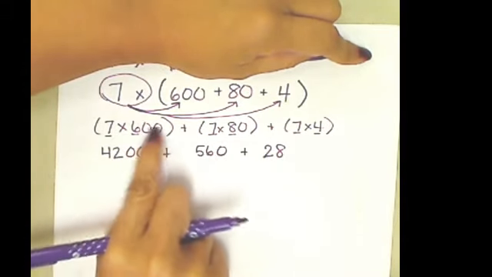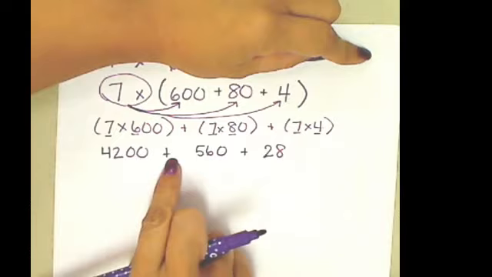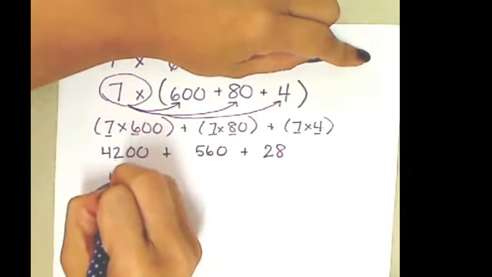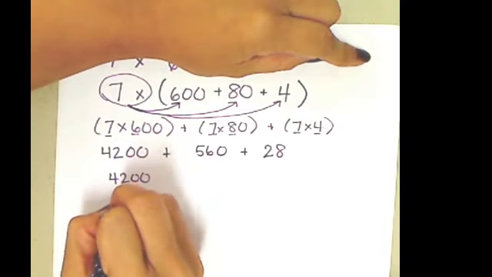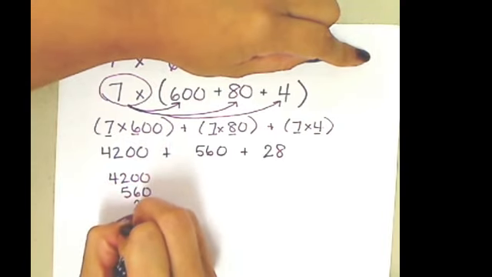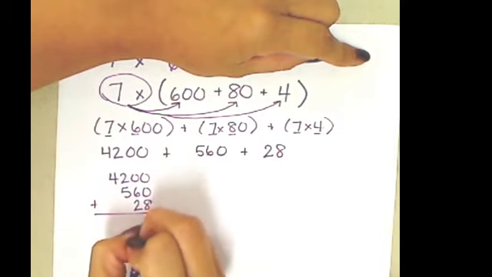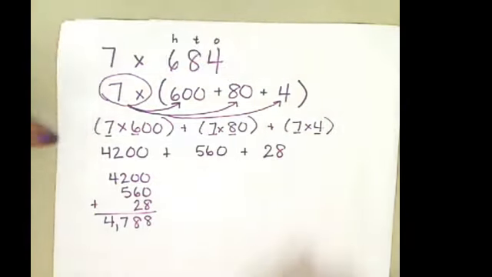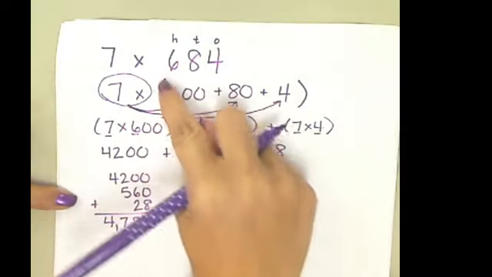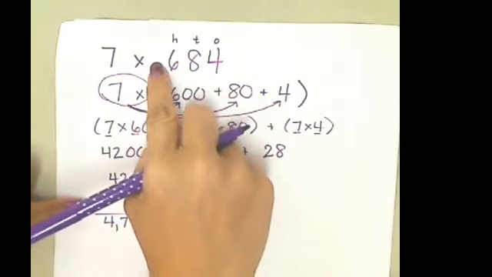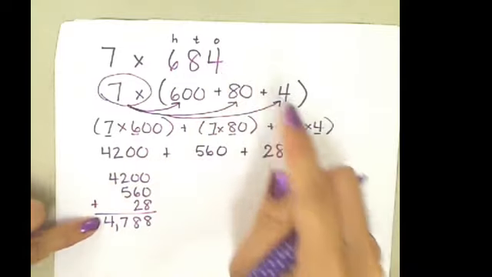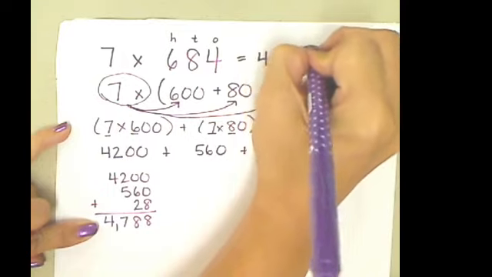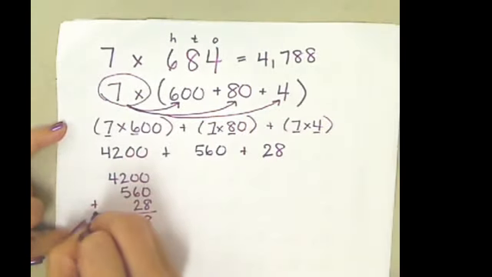That's what you get after you multiply. And then my addition signs are there, so I'm just going to add them up. Line up your place values. 8, 8, 7, 4. The total product of 7 times 684 is 4,788. Okay? This is the total product.